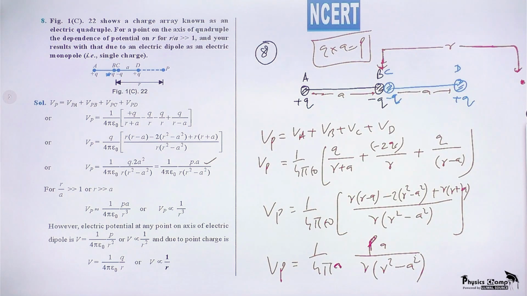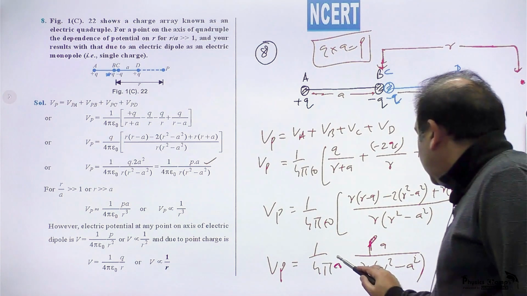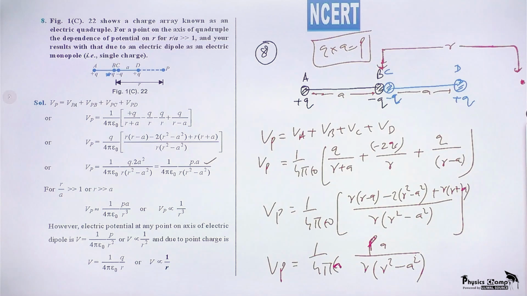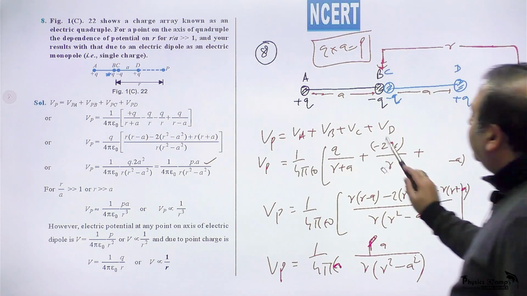So we get the net potential at point P, which is 1 by 4 pi epsilon naught PA by R into R square minus A square.